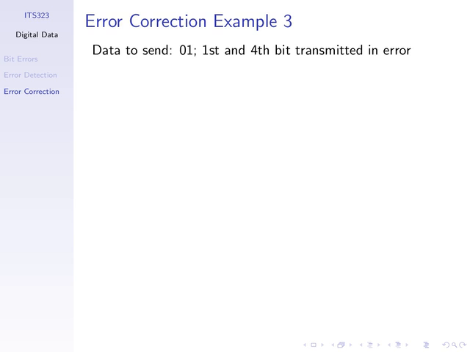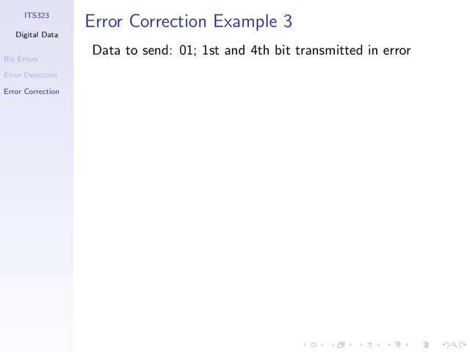Okay. Is the received code word valid? If not, find the closest valid code word. 1 and 4 is error, so change. No, this is bit 5, this is bit 4. Before. 1, 2, 3, 4.